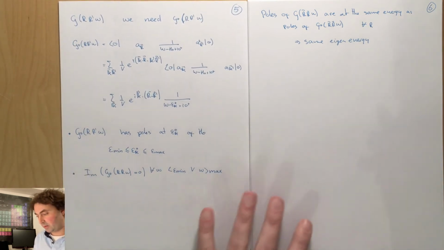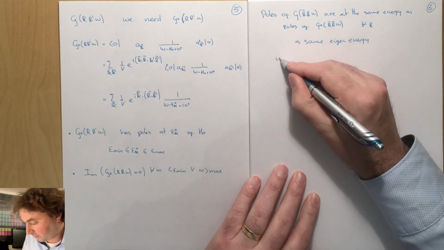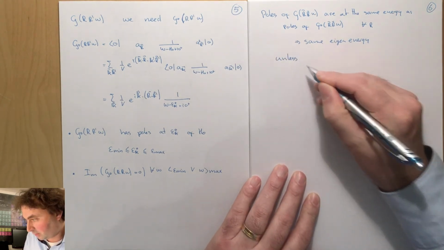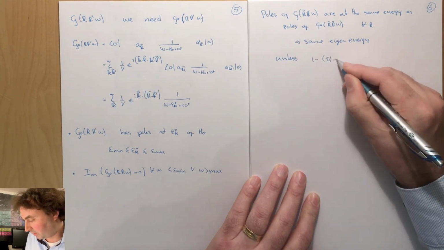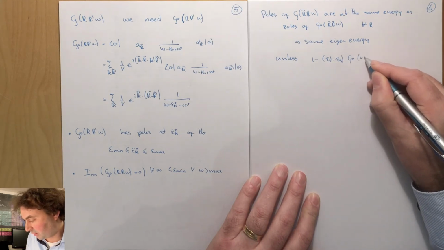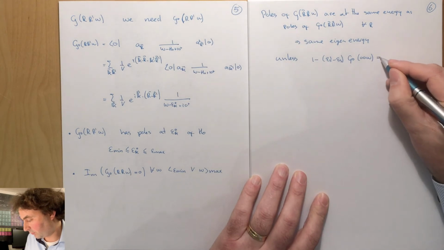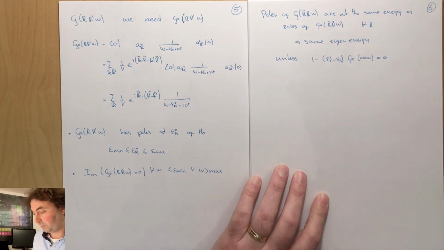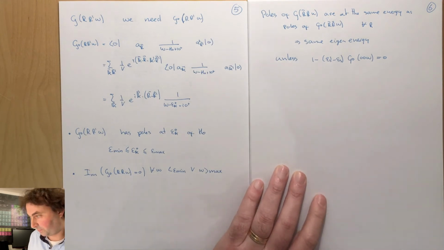So my eigenenergies are the same as the eigenenergies that I had before, unless 1 minus epsilon s prime minus epsilon s times the bare Green's function going from 0 to 0 is equal to 0. So this is just related to the densities of states.